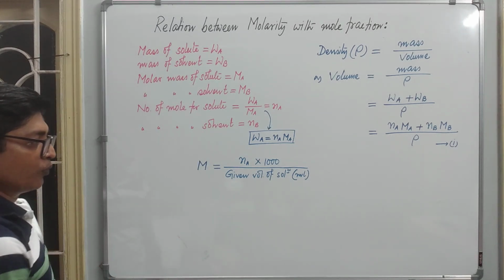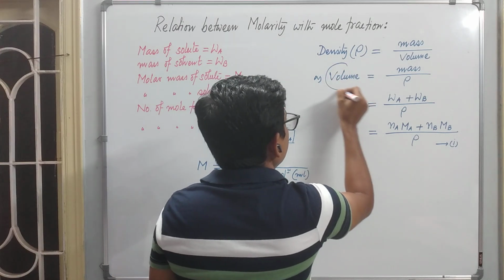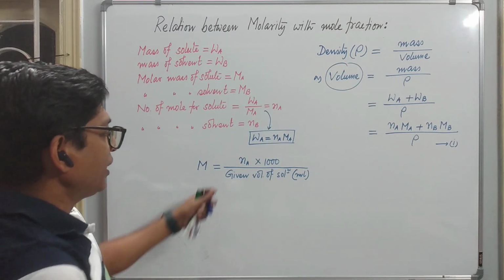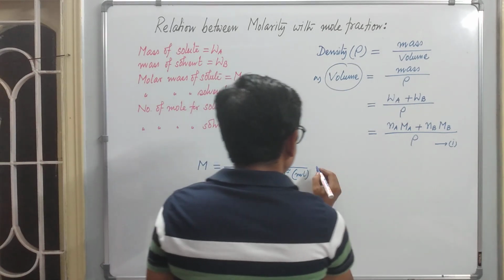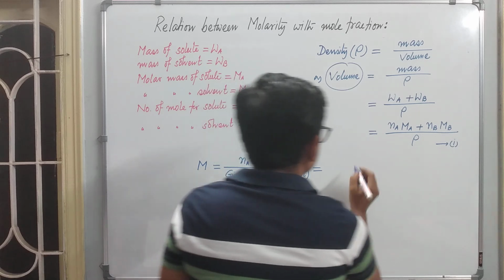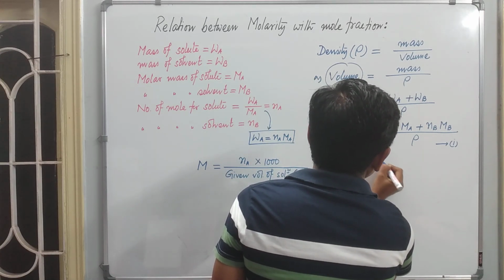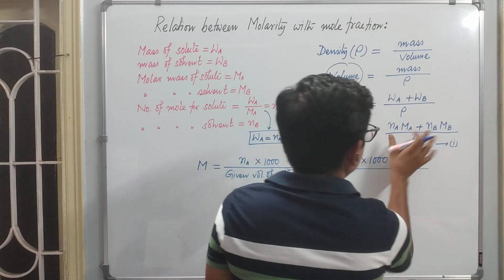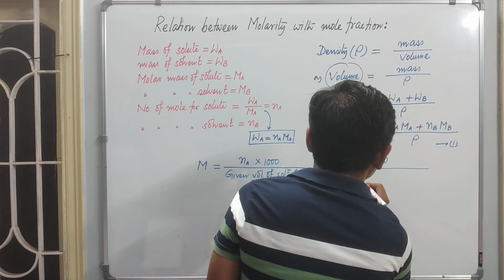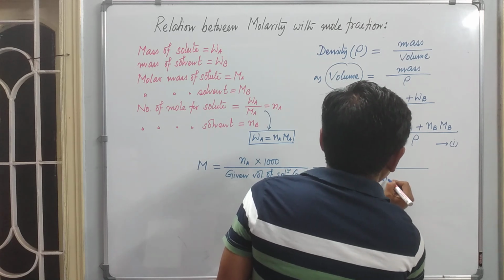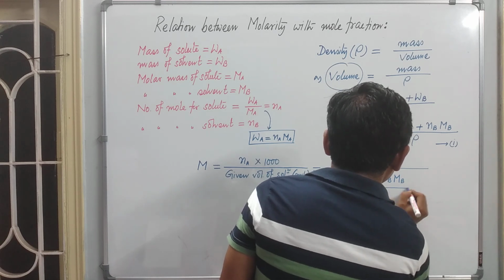Now, this volume is the volume which we have calculated here. So I will replace this denominator with this value. Then we get nA multiplied by 1000 whole divided by the volume, which is nA MA plus nB MB whole divided by the density.